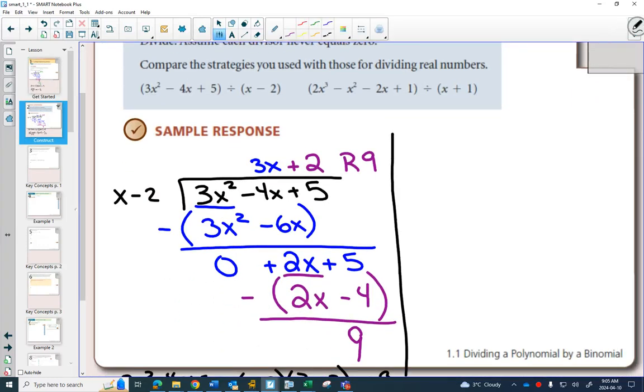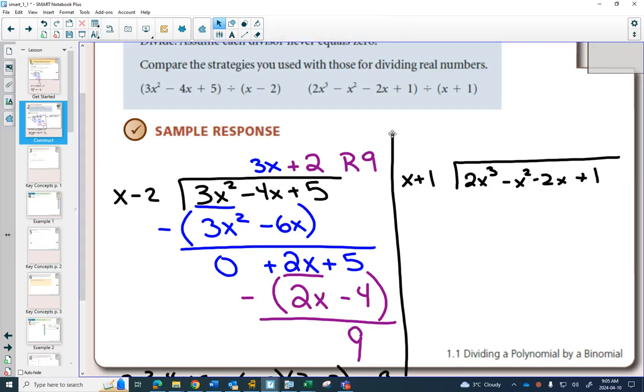Second one. This time we have 2x cubed minus x squared minus 2x plus 1, and we're dividing by x plus 1. See if you're following the pattern. I'm going to take out my blue pen, just like I had a blue pen first over there. What number am I going to write up first on the top?